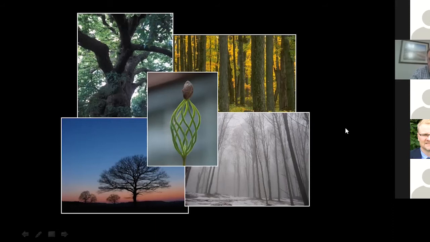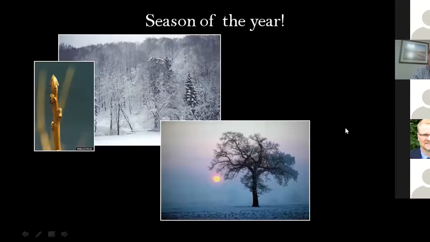But this is just a collage of talking about characteristics of trees. I did mention to you that it is a lot more difficult, and if any of you took me up on that suggestion after you learned how to do winter ID, I hope some of you did.